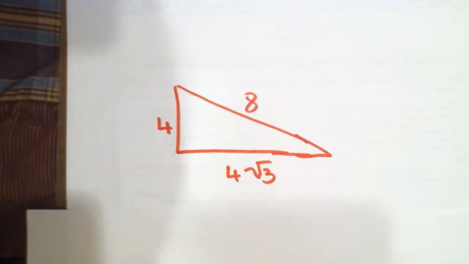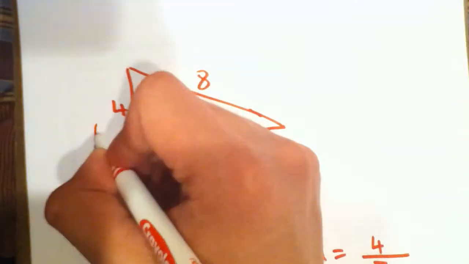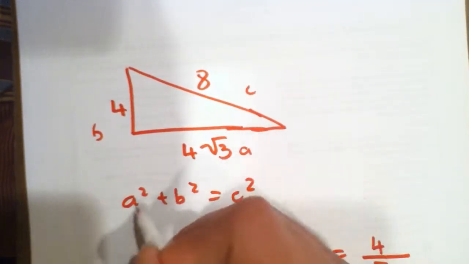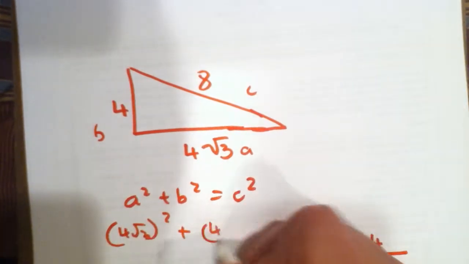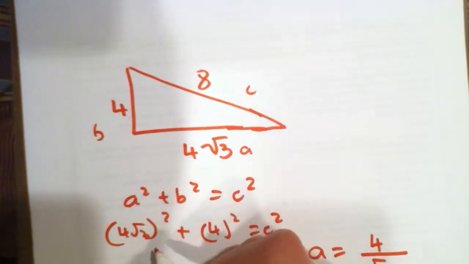We can check our work by using the Pythagorean theorem. If the sides are A, B, and C, you can do A squared plus B squared is equal to C squared. 4 square root of 3 squared plus 4 squared is equal to C squared. And we should achieve 8 if we've done this correctly.